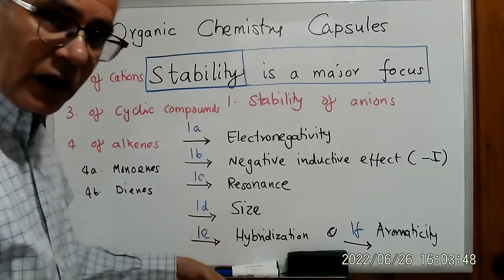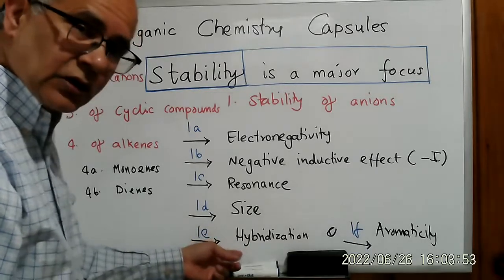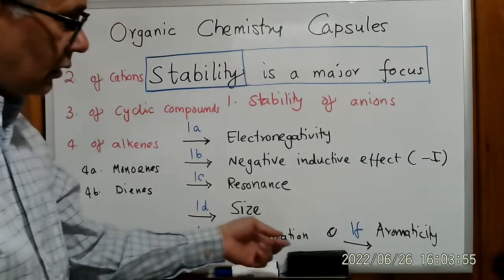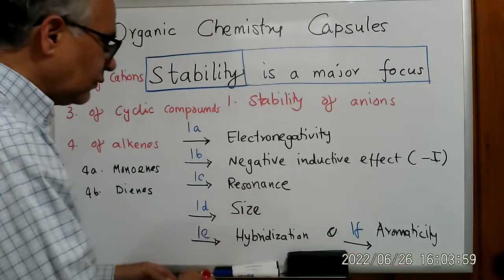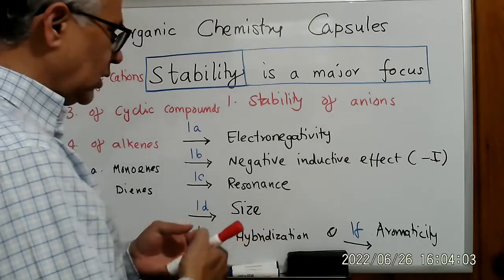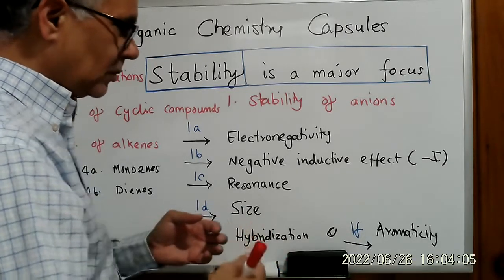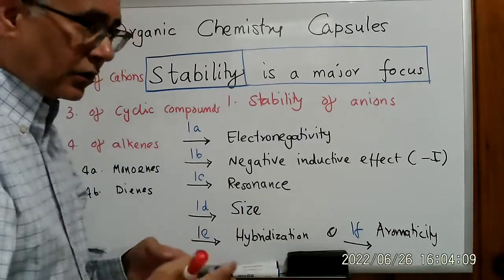The size of the ion also matters, and then there's hybridization of the carbon, and there's something called aromaticity. There are various factors which we invoke to explain the stability in different scenarios.